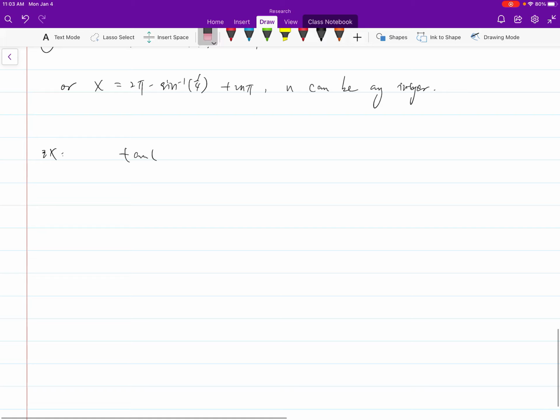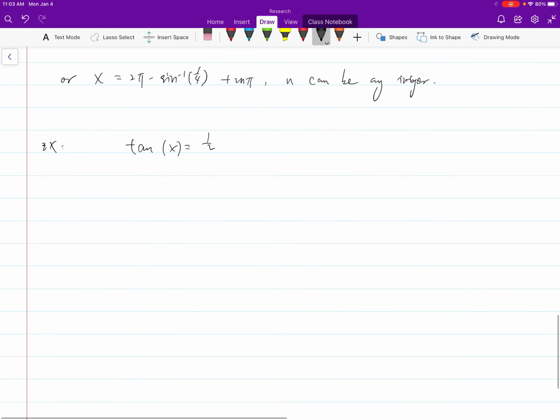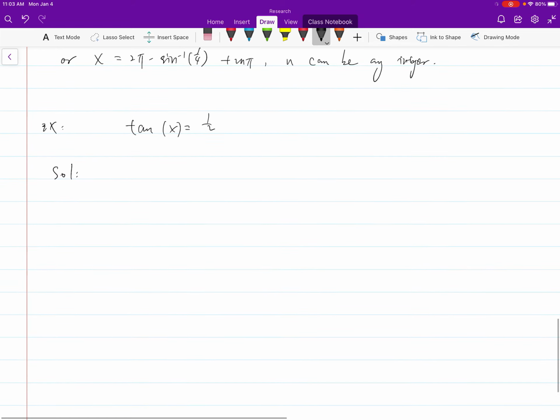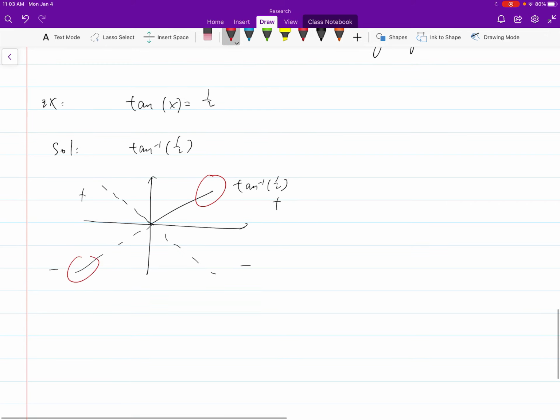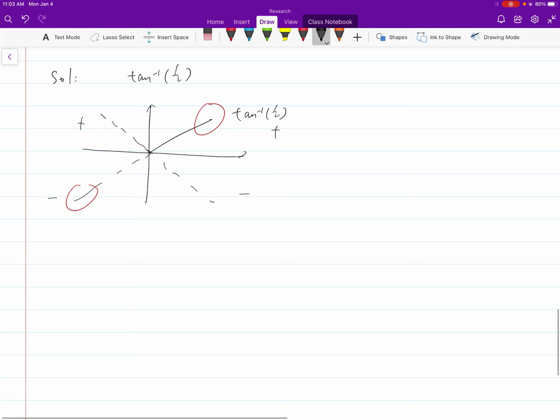Side note, how do you solve this? Tangent theta equals 1/2. If you use the same logic, therefore we should take this one and this one. Okay.